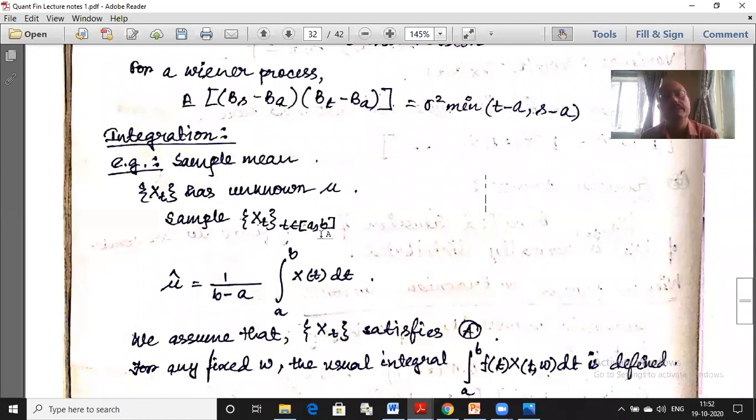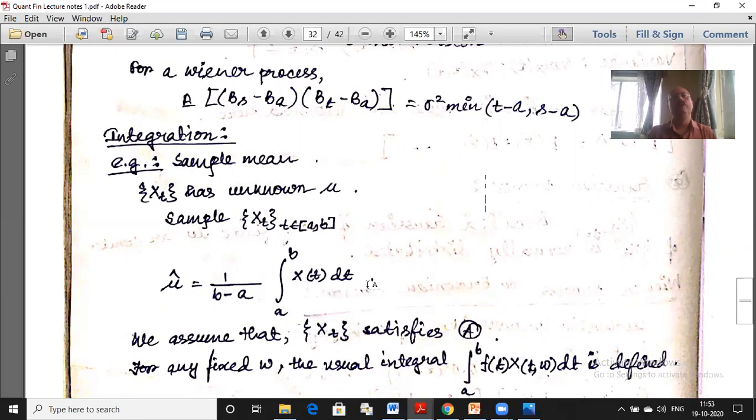That will be the sample data for us. Based on that sample data, if I want to find the sample mean as an estimator of the population mean, mu, then our candidate for the sample mean would be mu hat, given by this integral divided by the length of the interval.